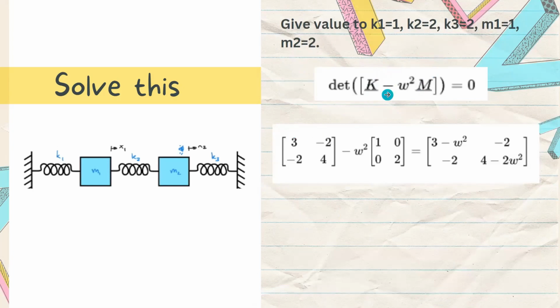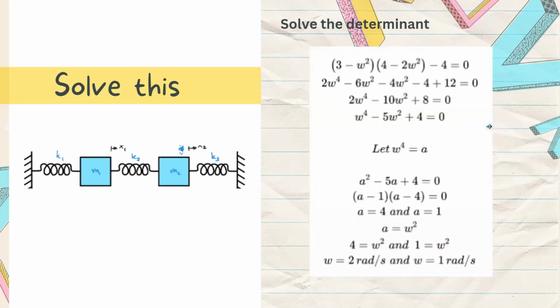Since I already calculated the values, K is 3, minus 2, minus 2, and 4, minus omega squared times the mass matrix. So this is the determinant we need to solve: 3 minus omega square times 4 minus 2 omega square, minus negative 2 times negative 2, and then we get this equation.